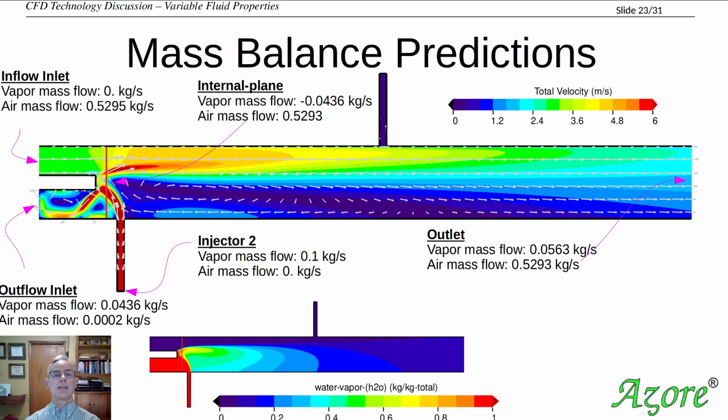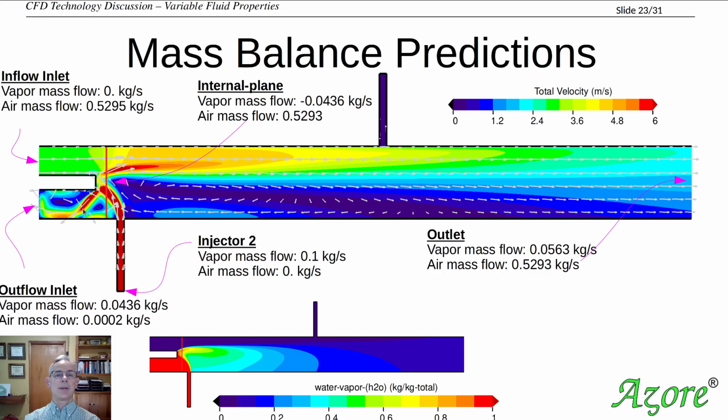In this particular case, when we do our mass balances, you can see that some of the velocity structures of what comes out here does actually cross this plane. On this side, we have the same mass flow crossing this barrier, but at this barrier we have a certain amount of vapor crossing and not very much air.